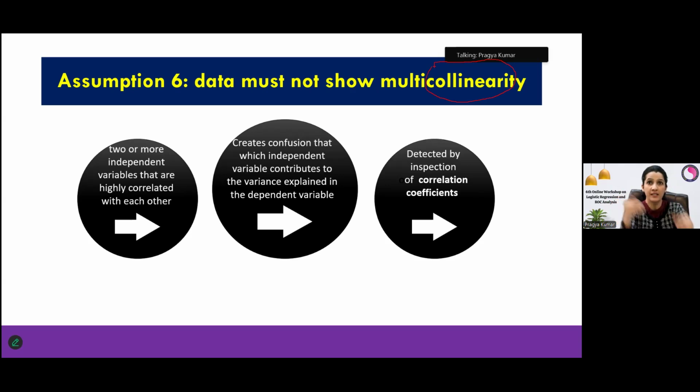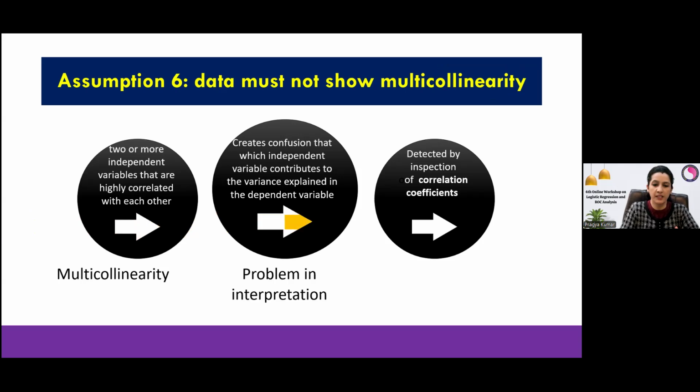We detect this either by inspection of the correlation coefficient, or there are two other indicators, the VIF and the tolerance. VIF is the variance inflation factor and the tolerance is the opposite of that. We will see that.